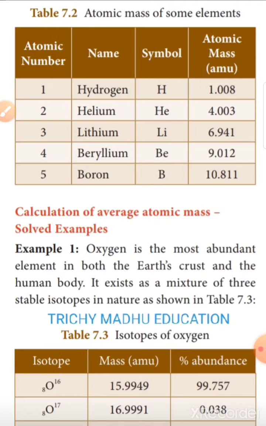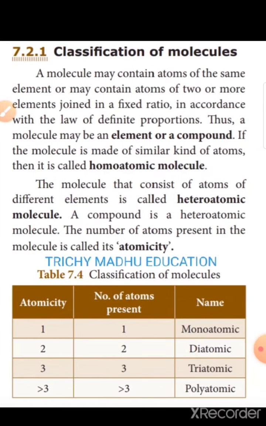For oxygen-18, it is 17.9992, and the abundance percentage is 0.205. So these are some isotopes of oxygen. Next one, classification of molecules.